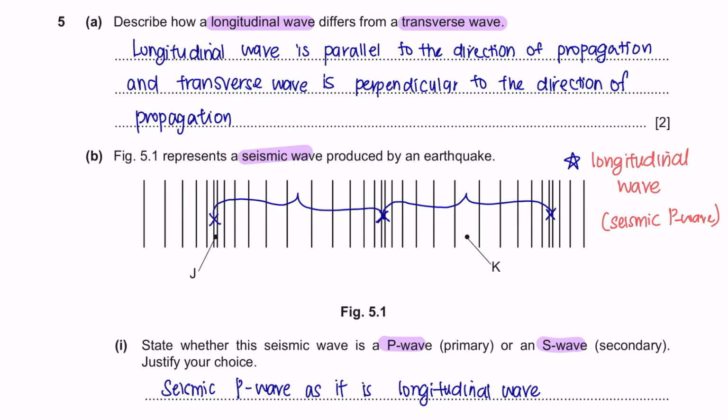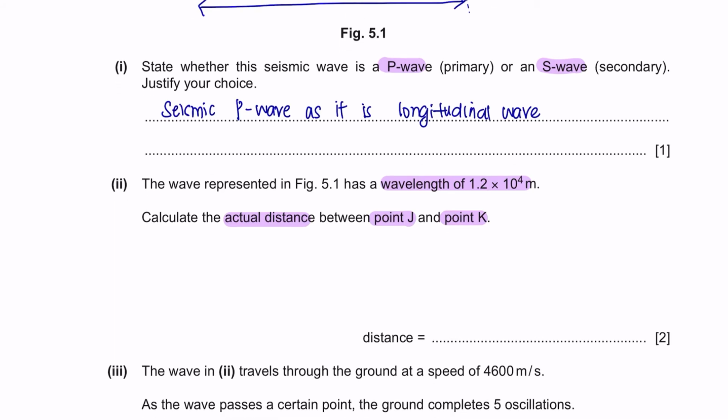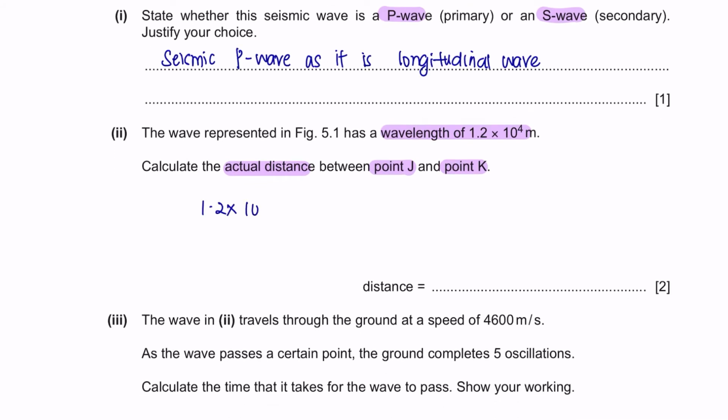K is located at the center of a wavelength. So this means that between J and K, we've got 1.5 wavelengths. So we can just do the distance of one wavelength multiplied by 1.5, giving us 1.8 times 10 to the power of 4, and the unit here is meters.